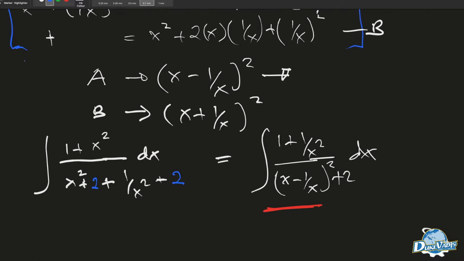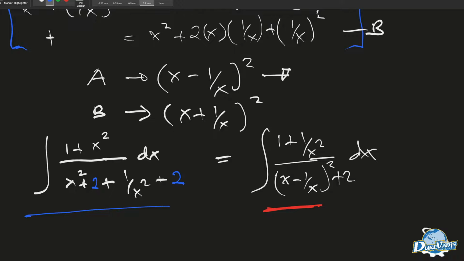If we decide to integrate our expression, we have the integral, and the top one is 1 plus 1 over x squared. Then the bottom we are able to simplify into this.